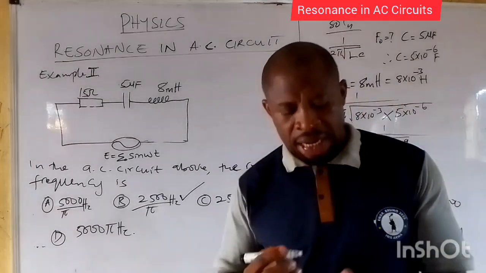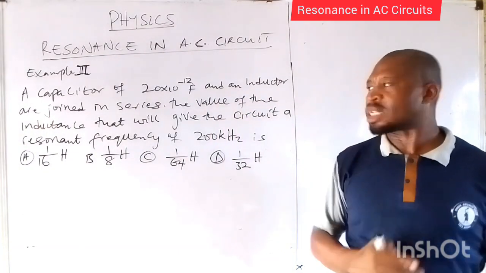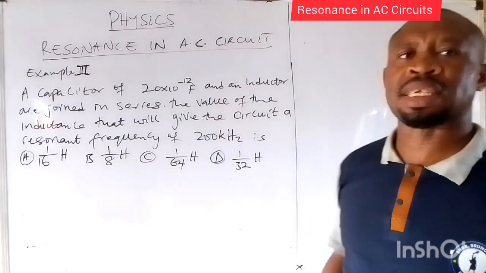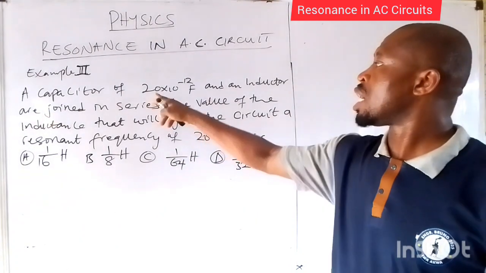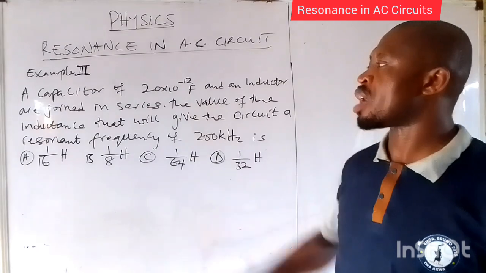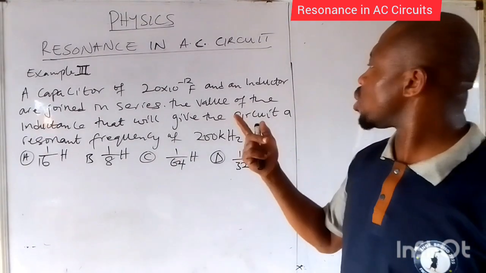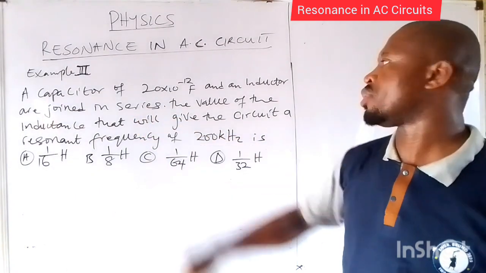Now, we will take another question. Okay, we have this question. The question says, a capacitor of capacitance 20 times 10 raised to the power minus 12 farad and an inductor are joined in series.